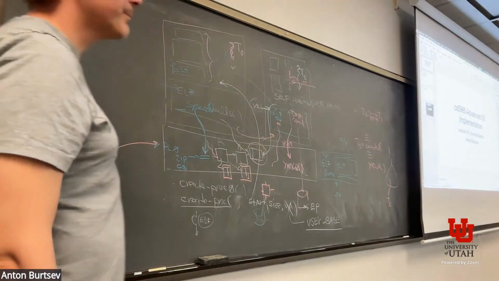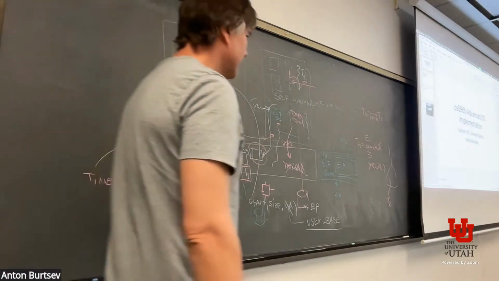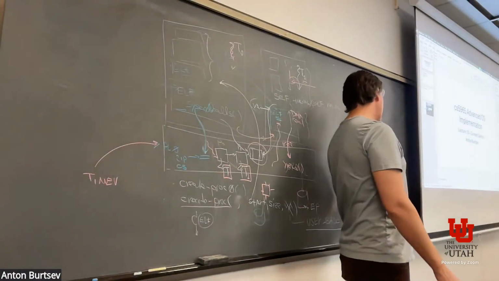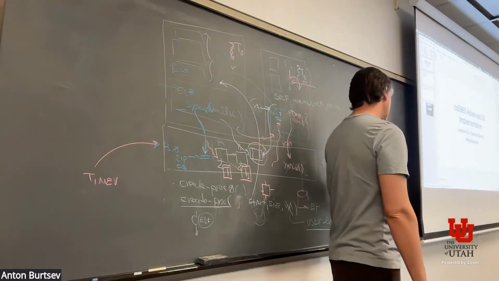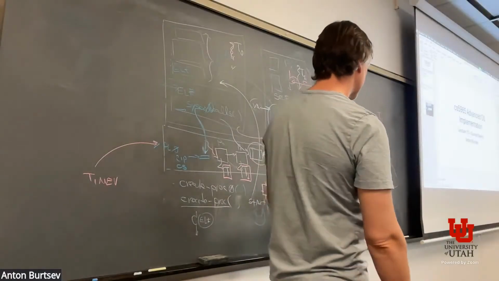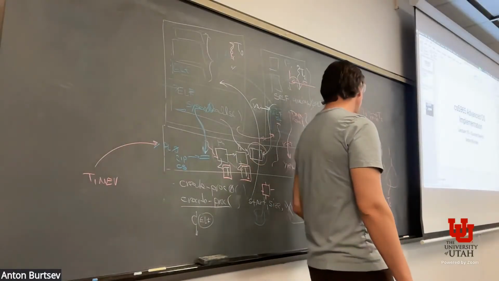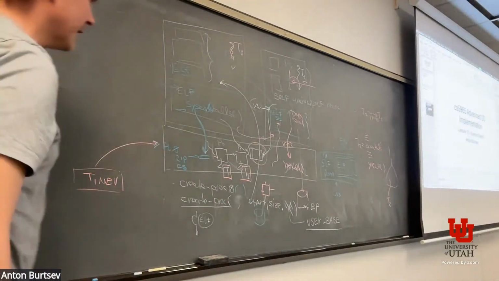So the conceptual difference between these two is that yield will be sitting somewhere inside your code, like inside the syscall, or inside another syscall, whereas this one will be triggered asynchronously by the timer, right?